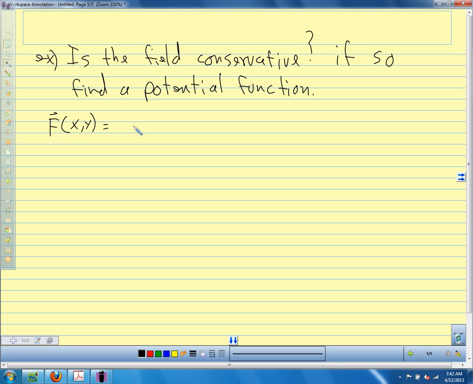Our field is 3x squared y squared i plus 2x cubed y j. So in the terminology we've been using, that's m and that's n.